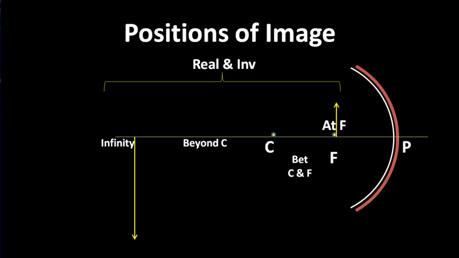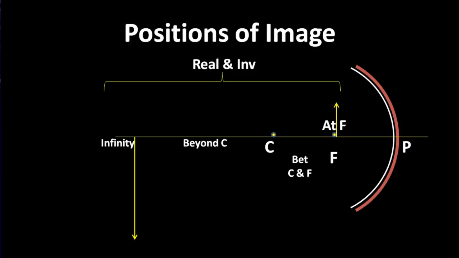So we have seen for these 5 positions that as the object shifts closer to the mirror, the image shifts further away from the mirror. Its size also goes on increasing. Center of curvature is the only position where the size of object and size of image is same.